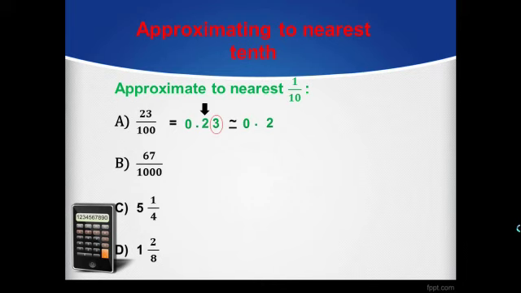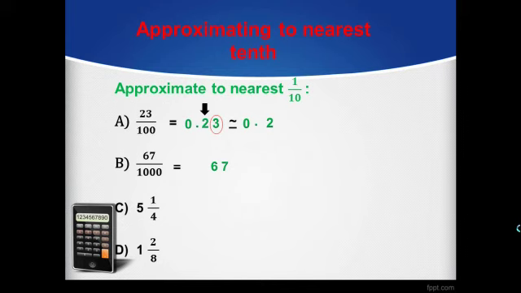Next one, 67/1000. We have first to convert it into a decimal number. How? We will put the numerator same as it is, which is 67. Then we will count how many steps: 3, because we have 3 zeros in the denominator.